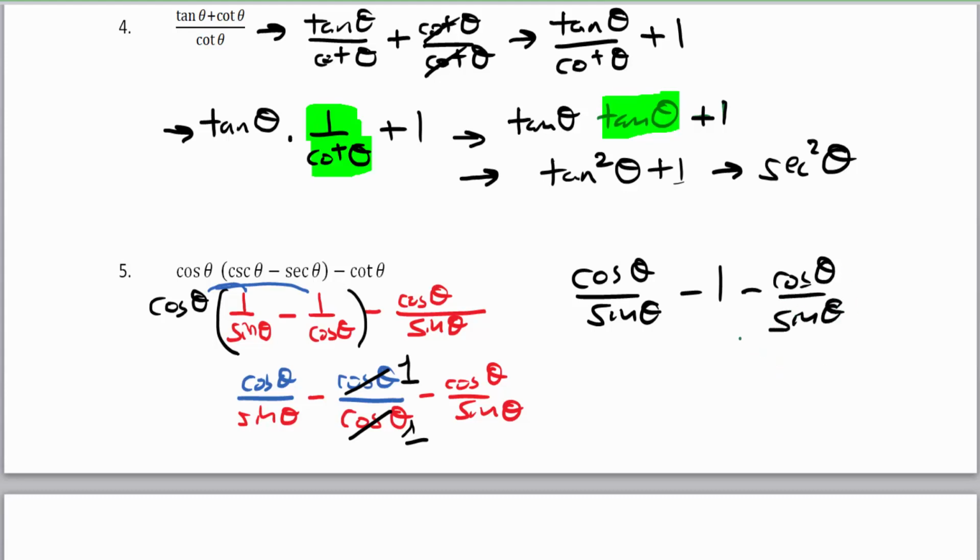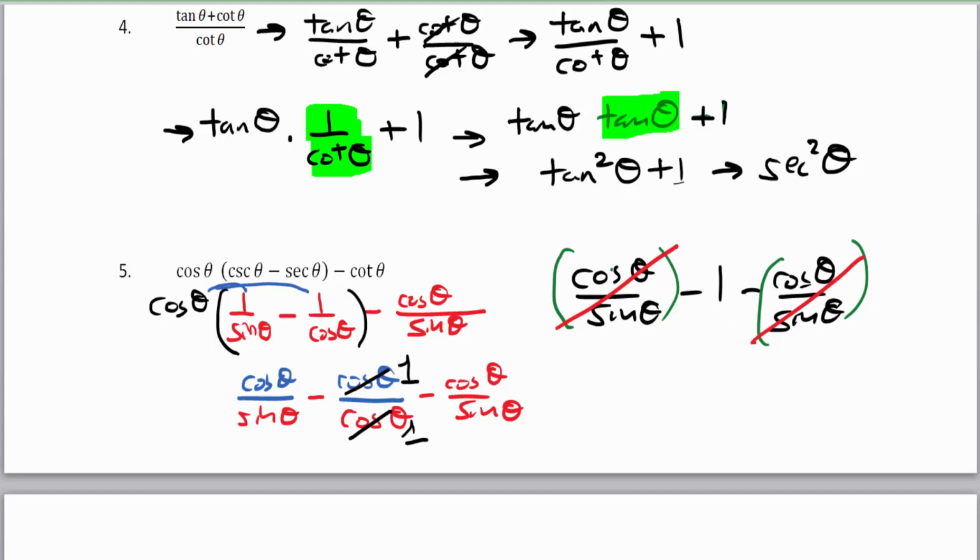Now do you see what we're going to do next? Sometimes I've seen teachers say, okay, this in green right here, that's cotangent, and this in green right here, that's cotangent, and so we have a cotangent minus cotangent. But literally, folks, these whole expressions make 0. This is probably when I can say cancel.